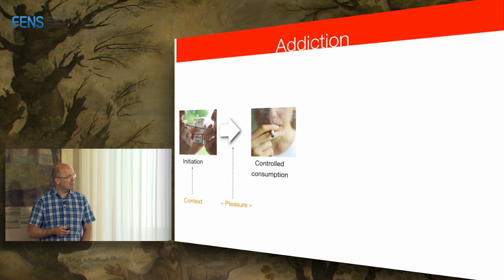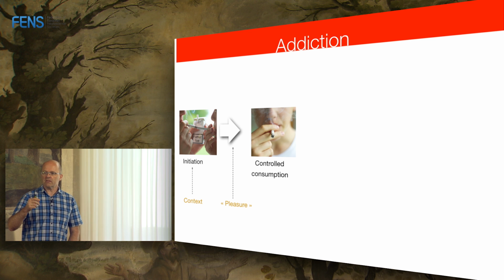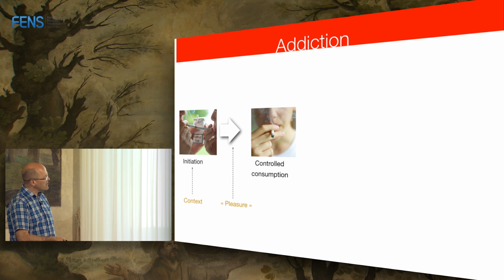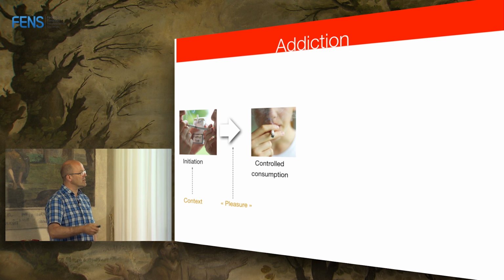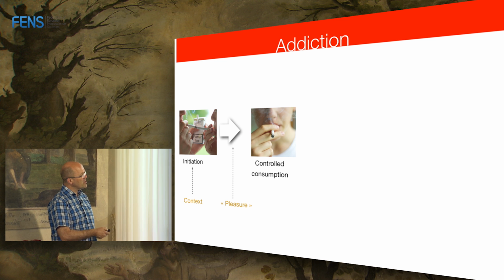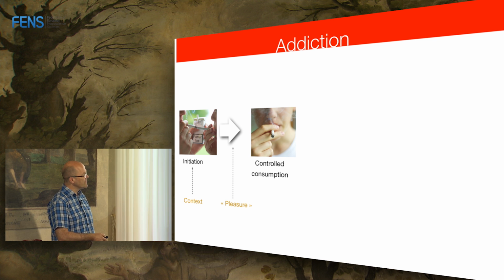To start, we have to remind ourselves that addiction is not a disease that emerges just like that. You typically have an initiation phase where a first exposure of a drug is done, typically in a specific context. That then is followed by a phase where you can actually use the addictive substance in a controlled fashion, and that is associated with a pleasure.